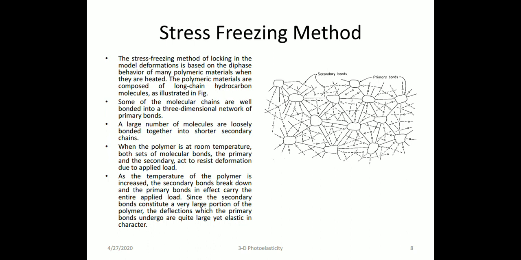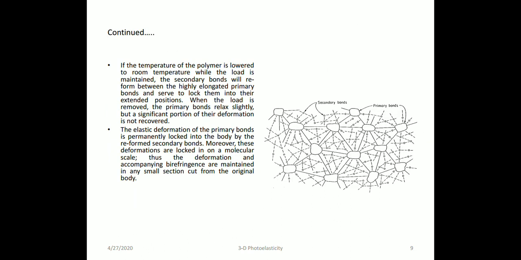The secondary bonds break down, and primary bonds in effect carry the loads, and there will be a deflection. The deflections that the primary bonds undergo are quite large yet elastic in nature, because they will be carrying the same load.